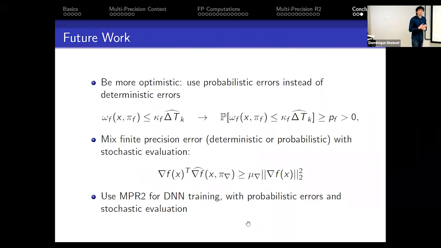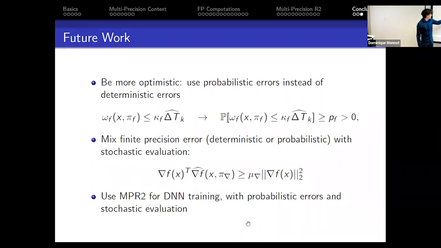We're going to have a guarantee of convergence in terms of a probability. You're going to say, I have this probability to converge to a local minimum. And you can also have this for the condition of the gradient: the condition on the gradient error can also be probabilistic. And after, it's all about how you tune this level of probability to guarantee a certain convergence. That's one way to relax that.